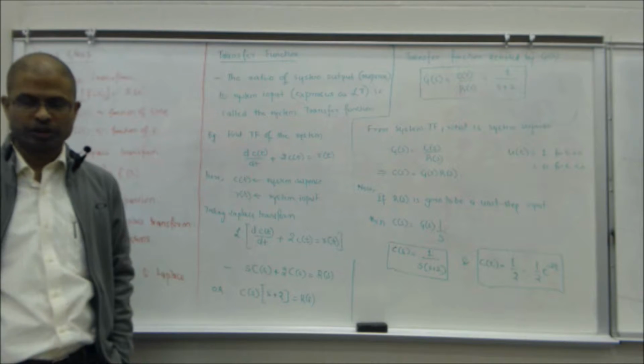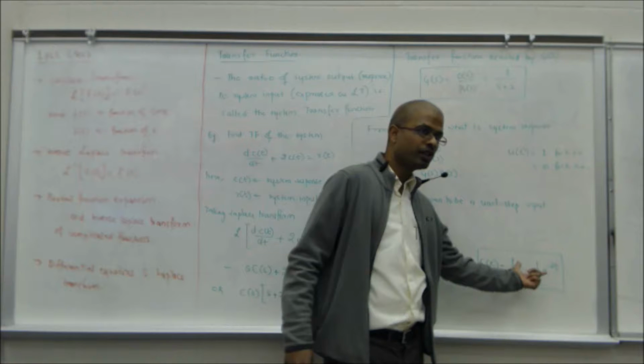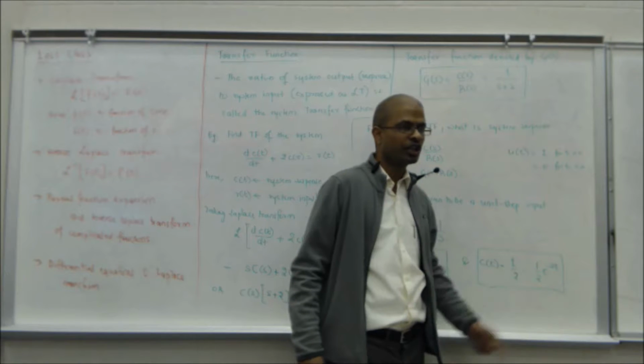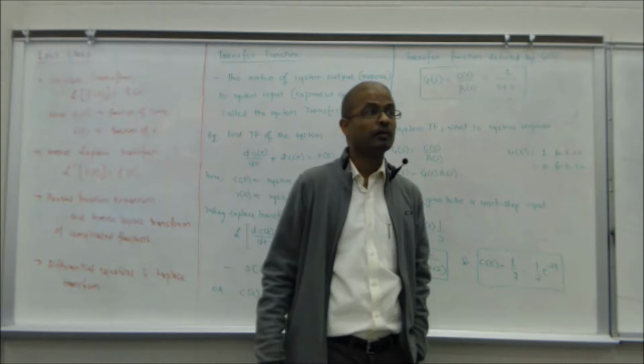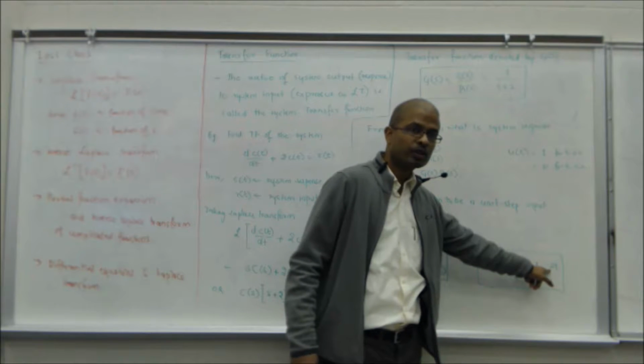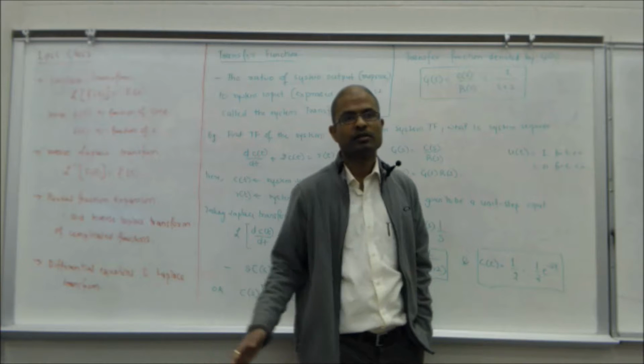Absolutely. Right. So if you look at this, this is an exponentially decaying function. Why is it exponentially decaying? You have this negative, right? So as t increases, it decays.